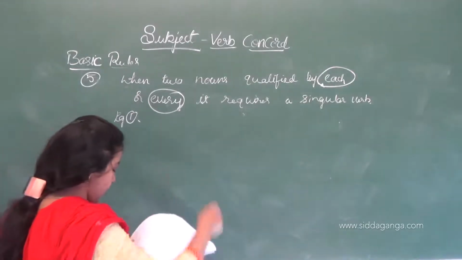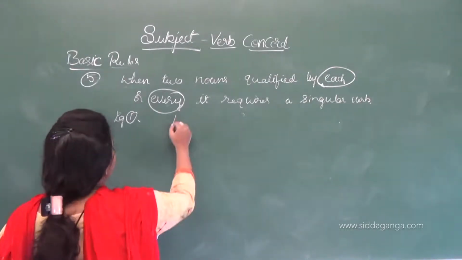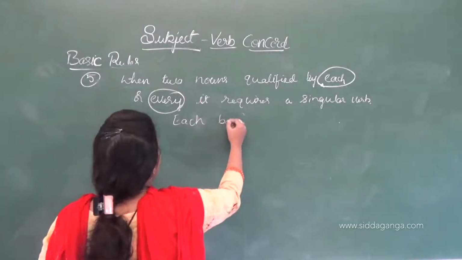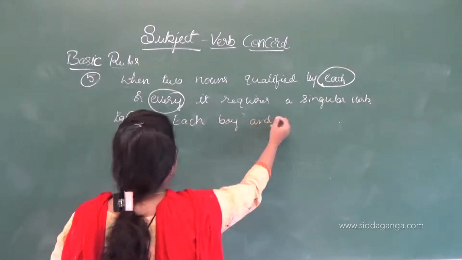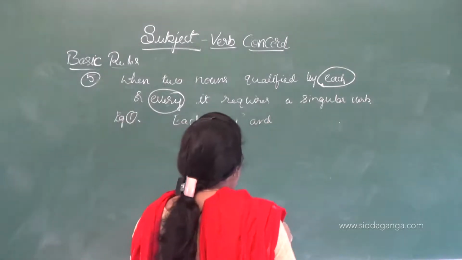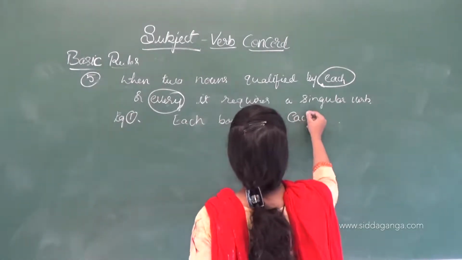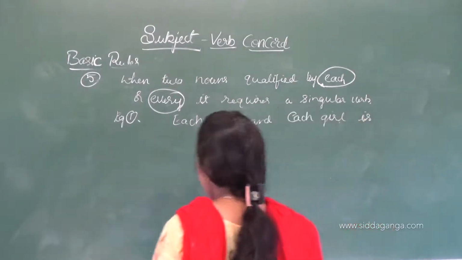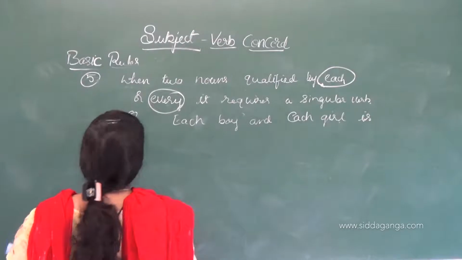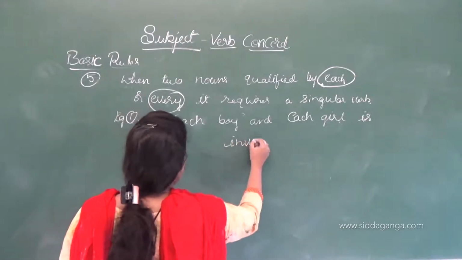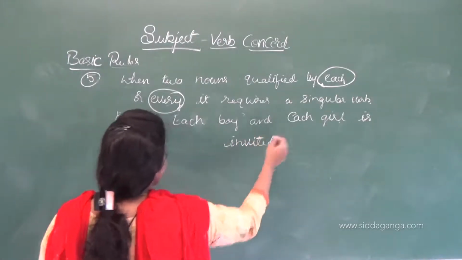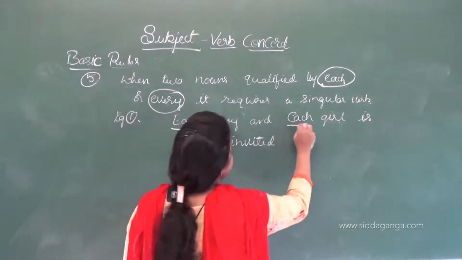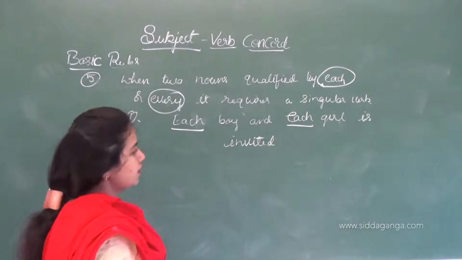Okay, let's see an example. Each boy and each girl is invited. See in the sentence, each boy and each girl is invited.